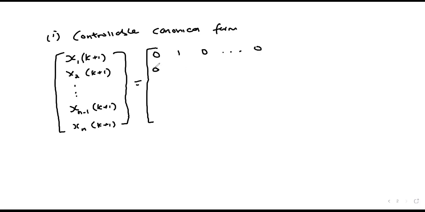Then the next row starts with 0, we shift the 1, so 0, 0, 1, with all the other terms 0, up to the second last row, which will be a row of all zeros apart from the last term, which is a 1. And then the last row will be based on the coefficients of the denominator of the pulse transfer function as negative an, negative a(n-1), negative a(n-2), all the way up to negative a1.